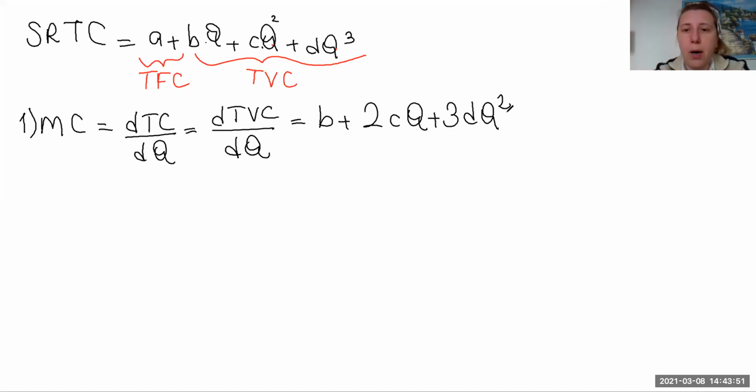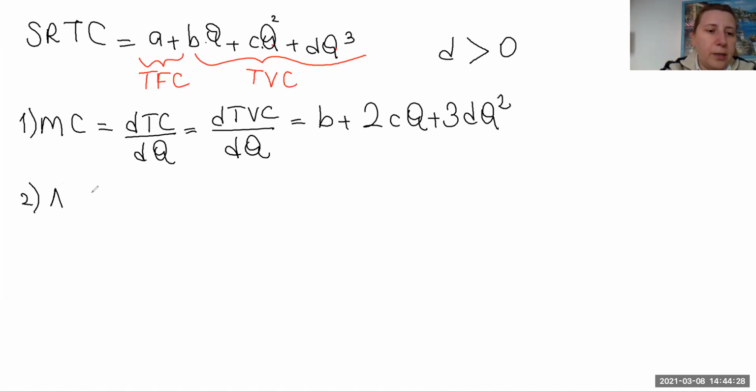If D is negative, then it will be an inverted U-shape. In normal cases, D is positive, so we have a U-shaped marginal cost function. The expected value of D is always positive, and the marginal cost function is U-shaped. We will draw it in the second part of the lesson; for now we only find the functional forms.